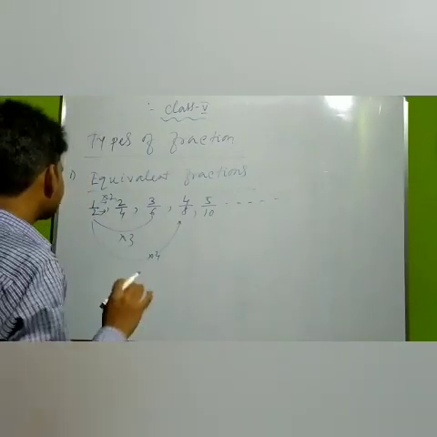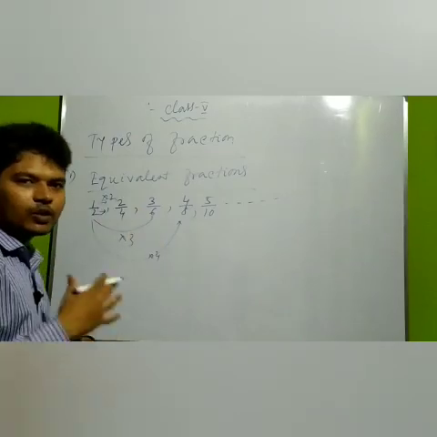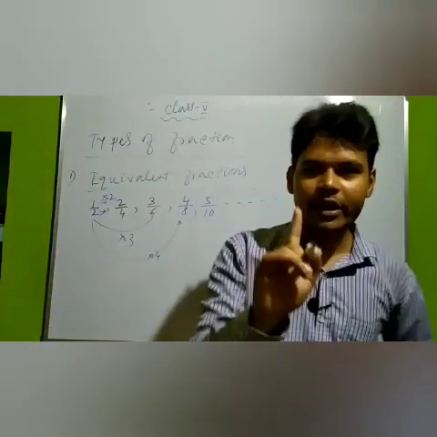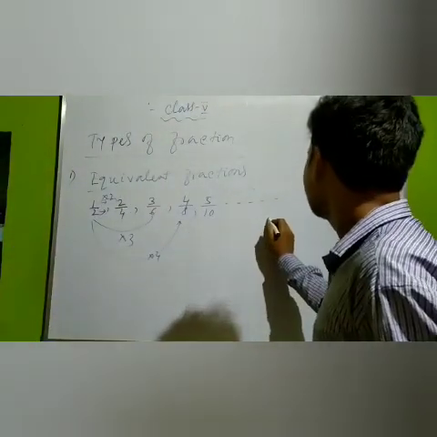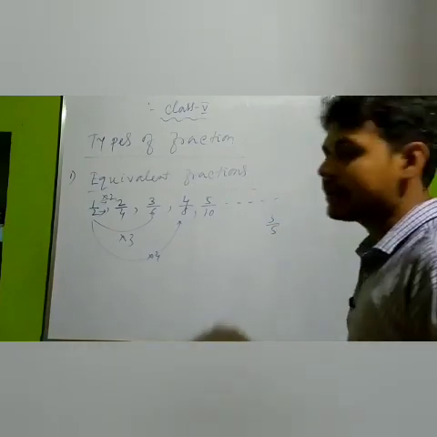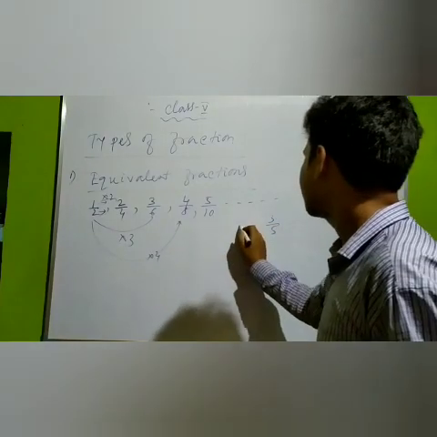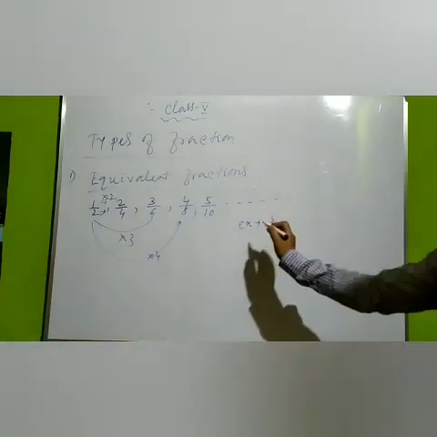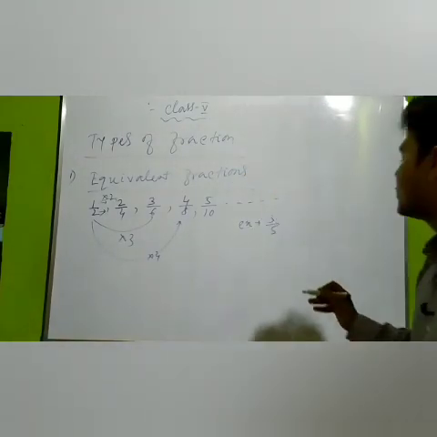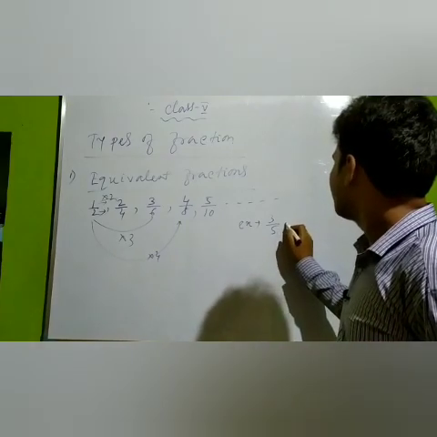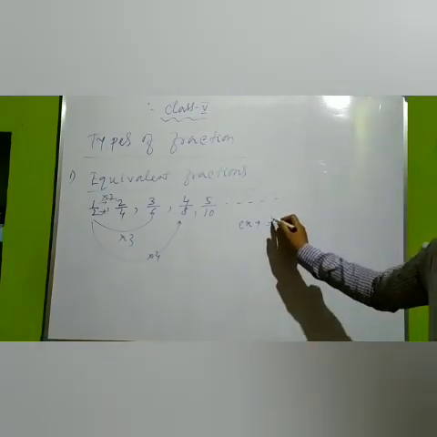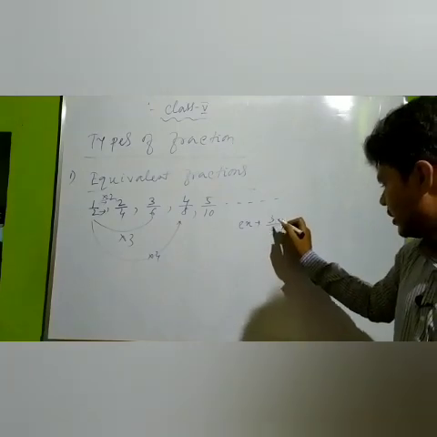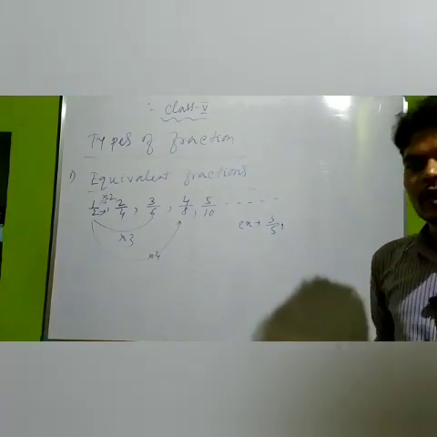Okay. Then how we get this equivalent fraction? Just you take one fraction. Suppose 3 by 5. Any fraction you have taken just as example, 3 by 5. Then how we find out the equivalent fraction of this fraction? At first we have to multiply this fraction, both the numerator and denominator, by the same number.